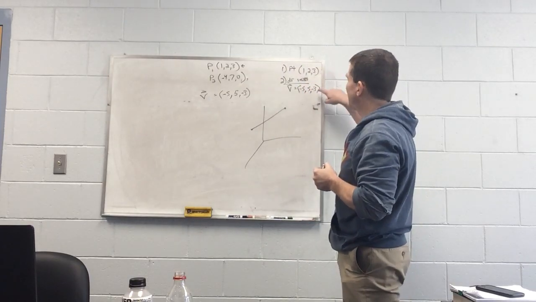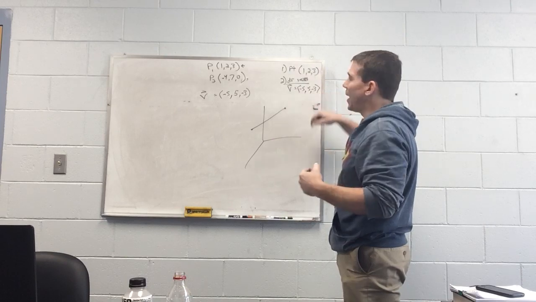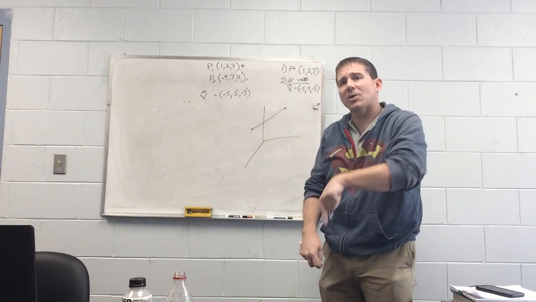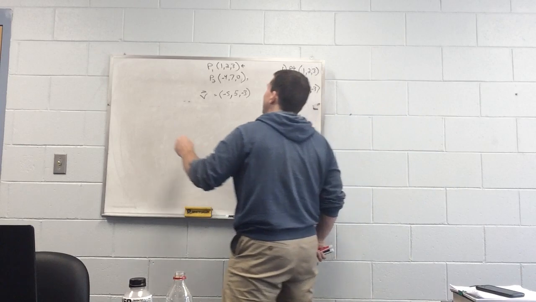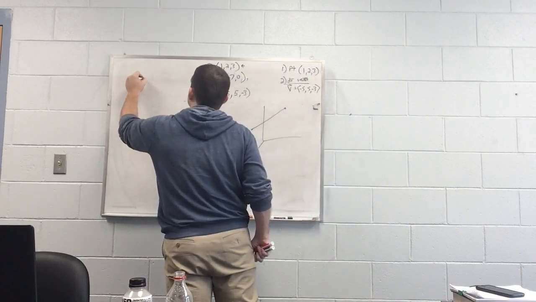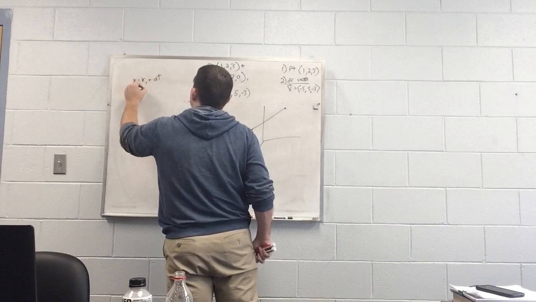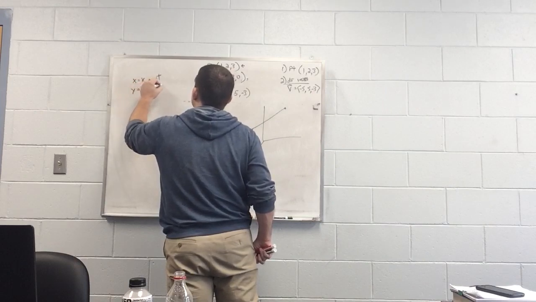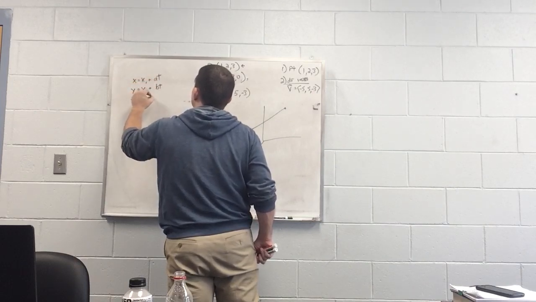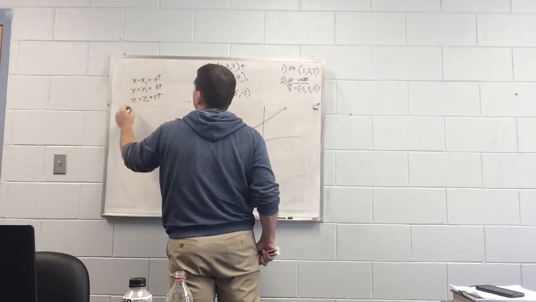Now I have a point and a direction vector, so I can generate parametric equations for a line. Our equations were x equals x sub 1 plus at, y equals y sub 1 plus bt, z equals z sub 1 plus ct.